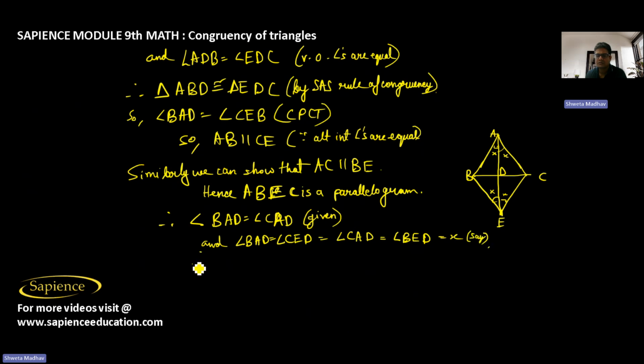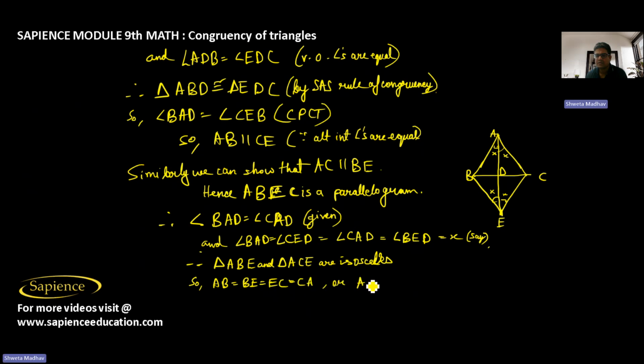So therefore I can say triangle ABE and triangle ACE are isosceles, since the two base angles are same. So hence we can say that AB is equal to BE, that is equal to EC, that is equal to CA.